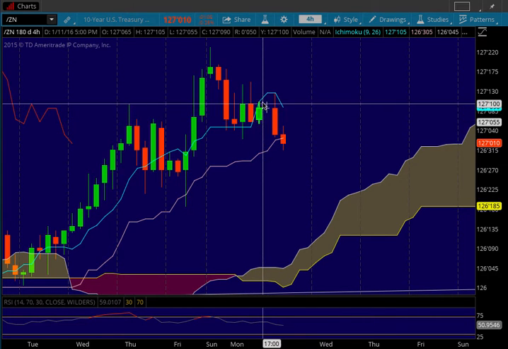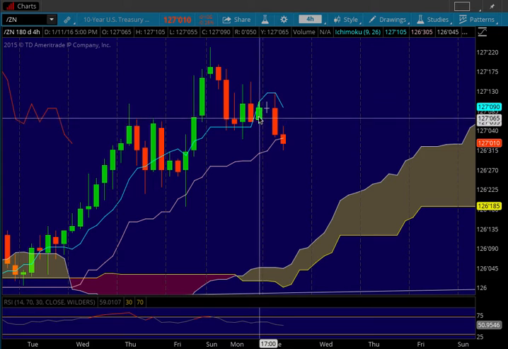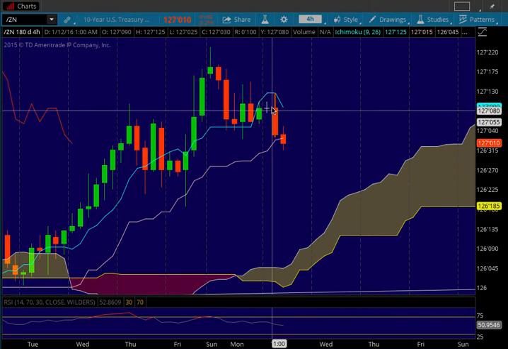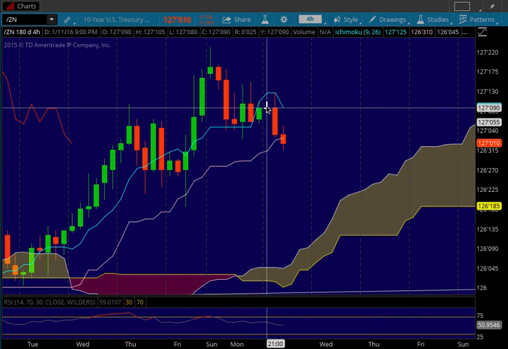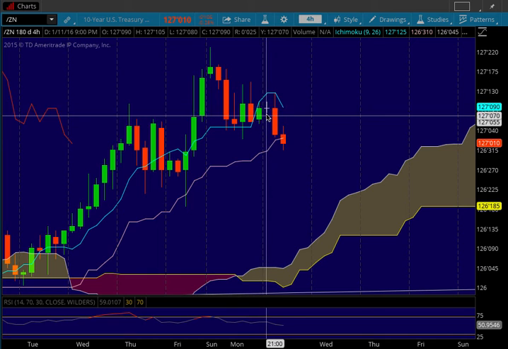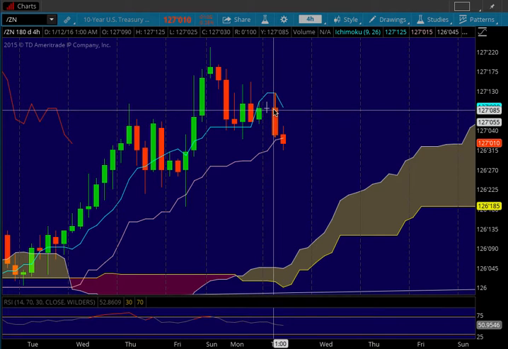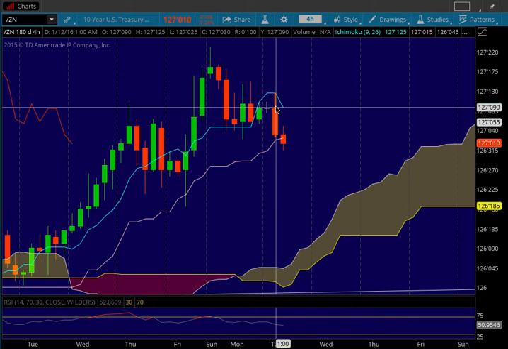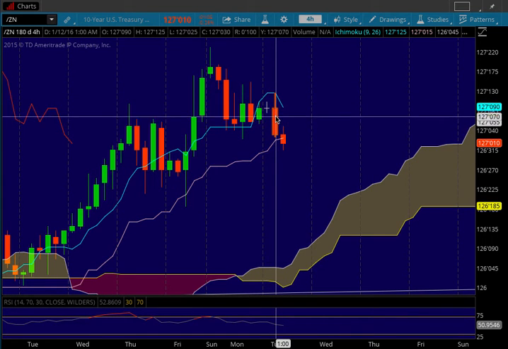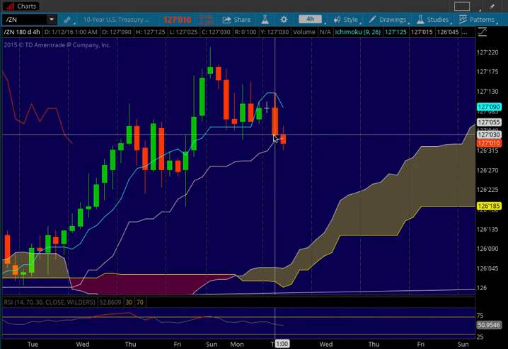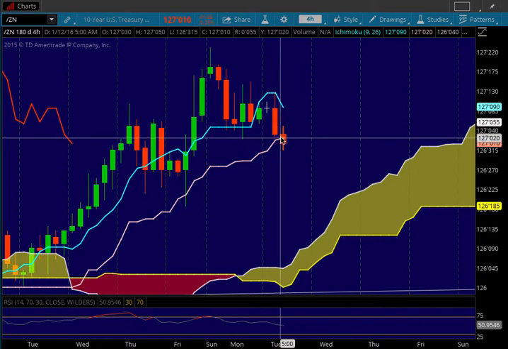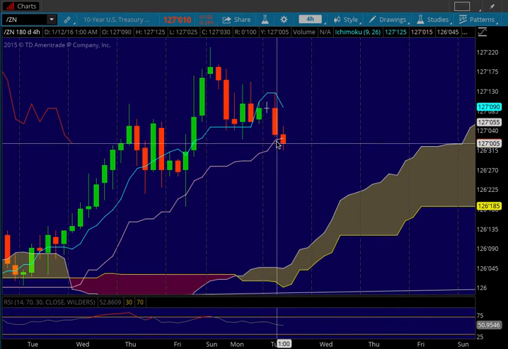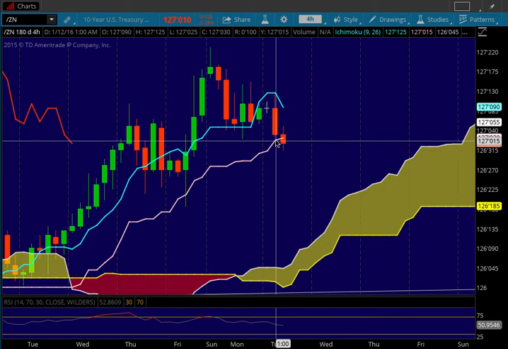So this candle was unable to get over the Tenkan-sen, put in a close slightly under the Tenkan-sen, a doji indecision type candle. Then the next candle, we came up and tested the top of the Tenkan-sen here, and we were solidly rejected, and came down and didn't quite test the Kijun-sen, but spanned this entire range between the Tenkan-sen and the Kijun-sen.